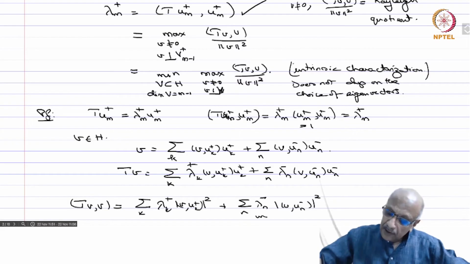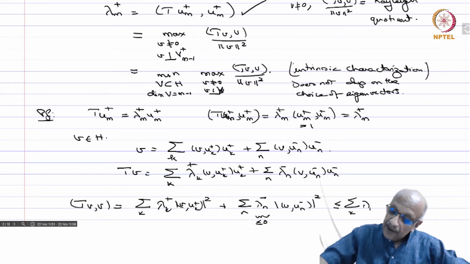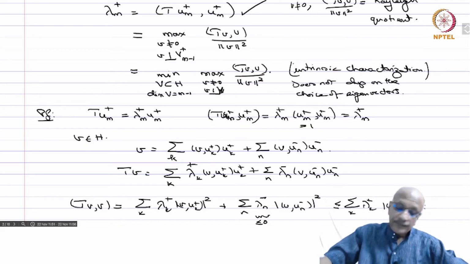And recall that all lambda_n^- are negative, and therefore this is less than or equal to sigma over k of lambda_k^+ mod (v, u_k^+) square.